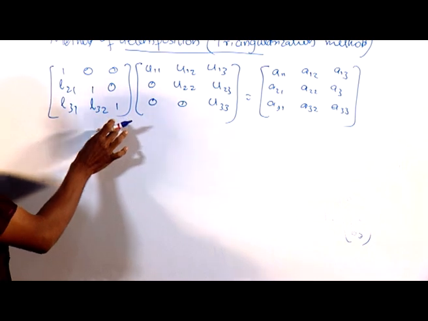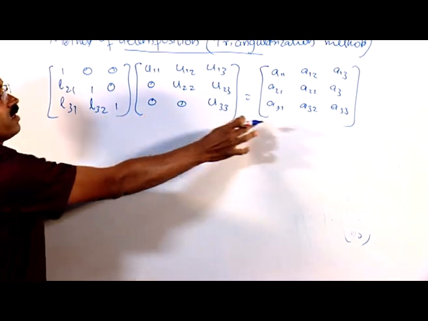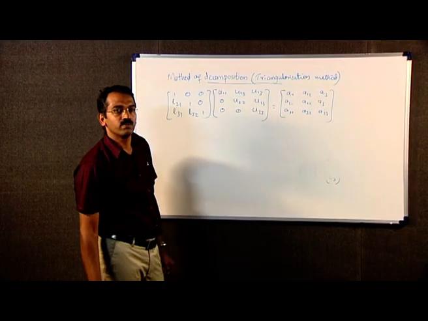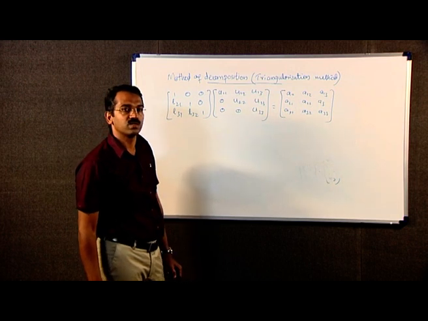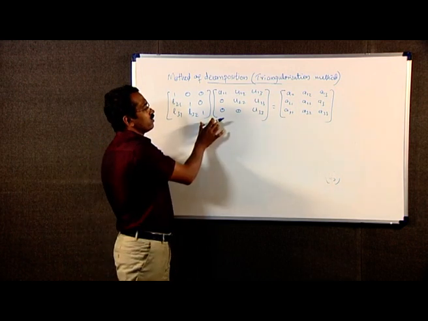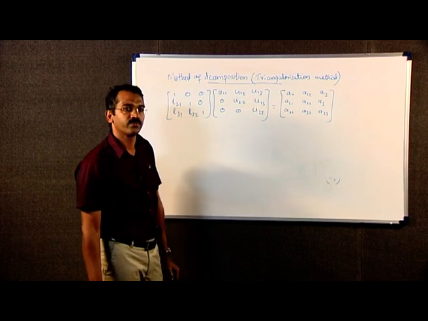That is A equal to LU, the coefficient matrix A is equal to the product of the two matrices L and U.